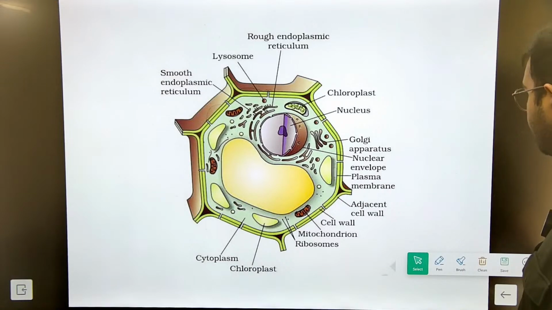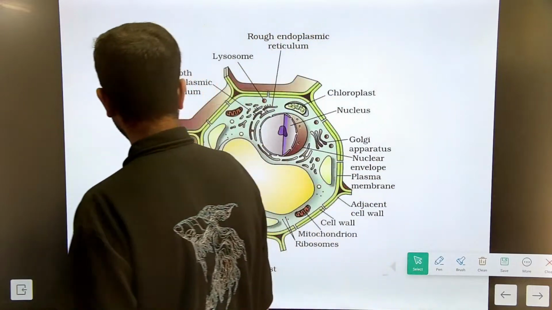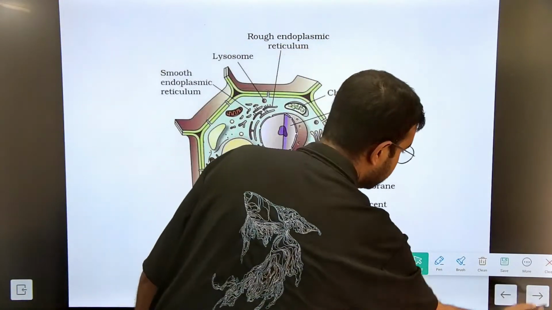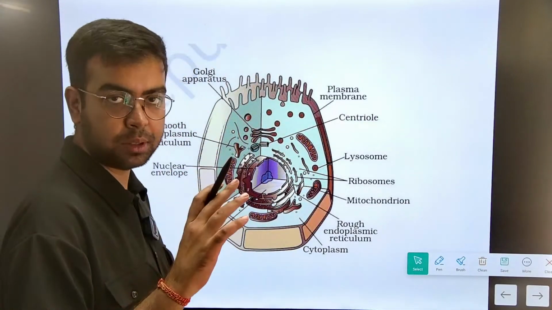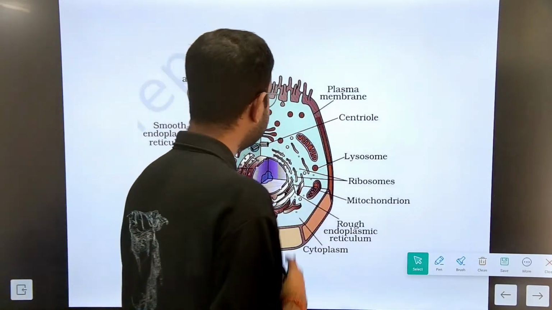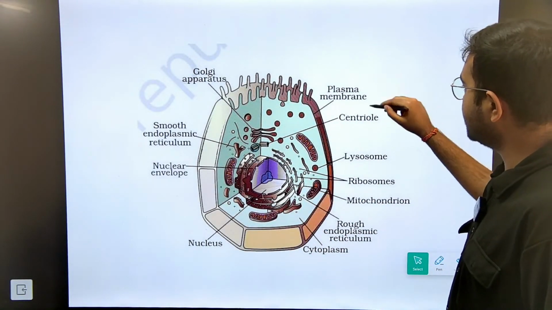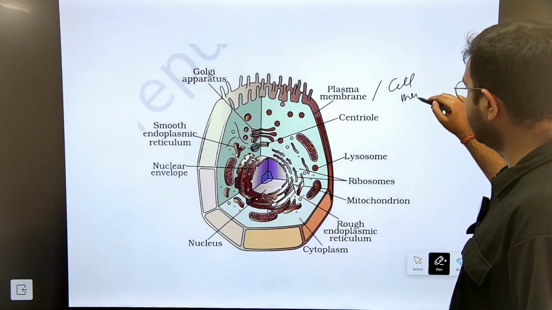Look at these two diagrams, they are of a plant cell and an animal cell. In the cell, you have the interior of the cell, and the cell is separated from the outside environment by something known as the plasma membrane or the cell membrane.